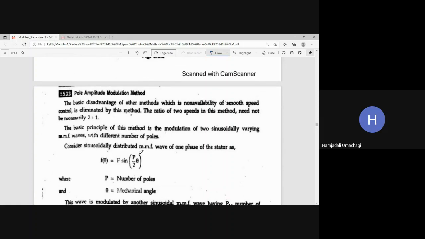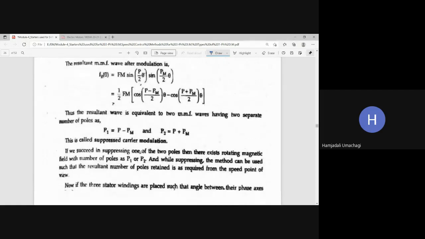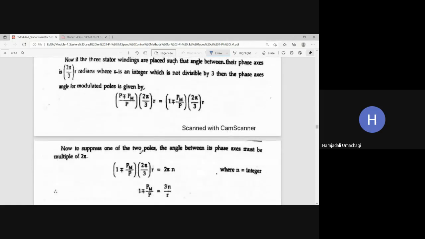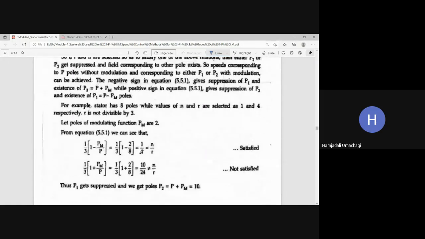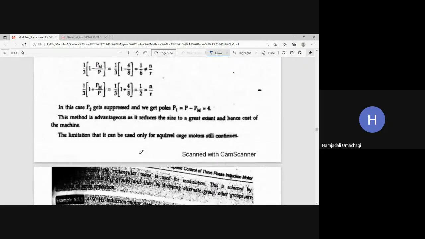These are the formulas associated with this method, and using these formulas you can solve numerical problems. Based on all these formulas, there is a problem related to a three phase induction motor using the pole amplitude modulation method. You can solve this numerical problem.